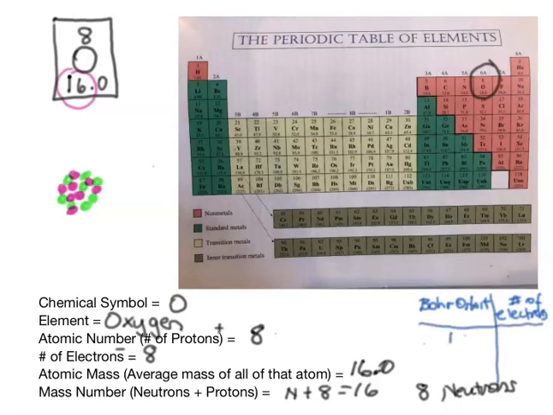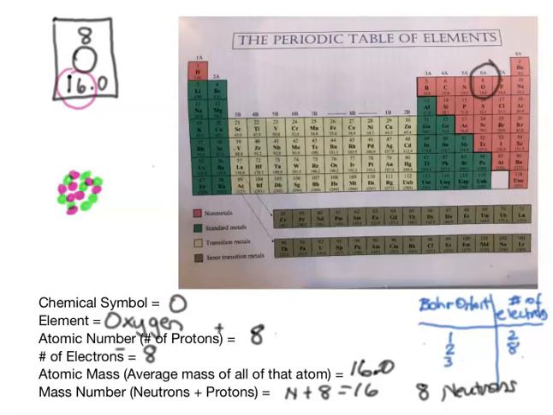So in Bohr orbit 1, 2 electrons can be at that energy level. Remember, each orbit is an energy level. Maximum of 2. If an atom has more than 2 electrons, then those additional electrons are going to be at a higher energy level in Bohr orbit 2. And Bohr orbit 2 can accommodate 8.